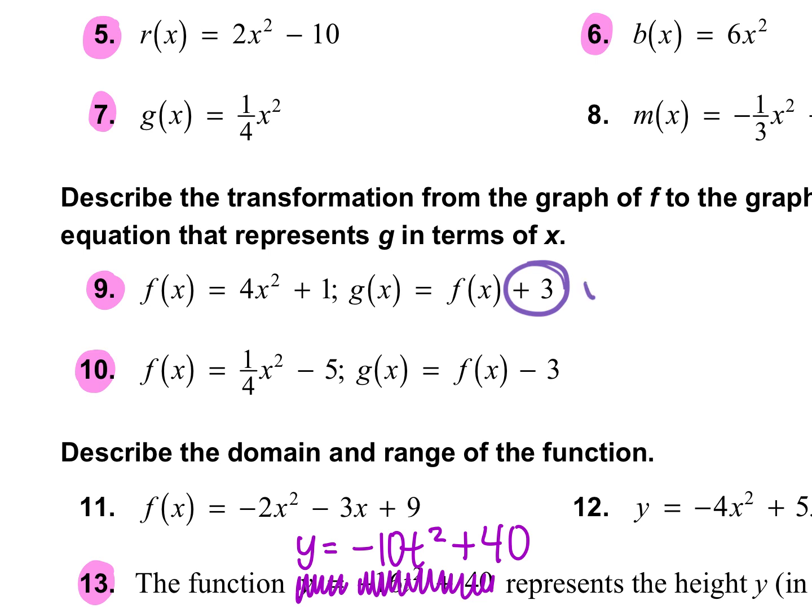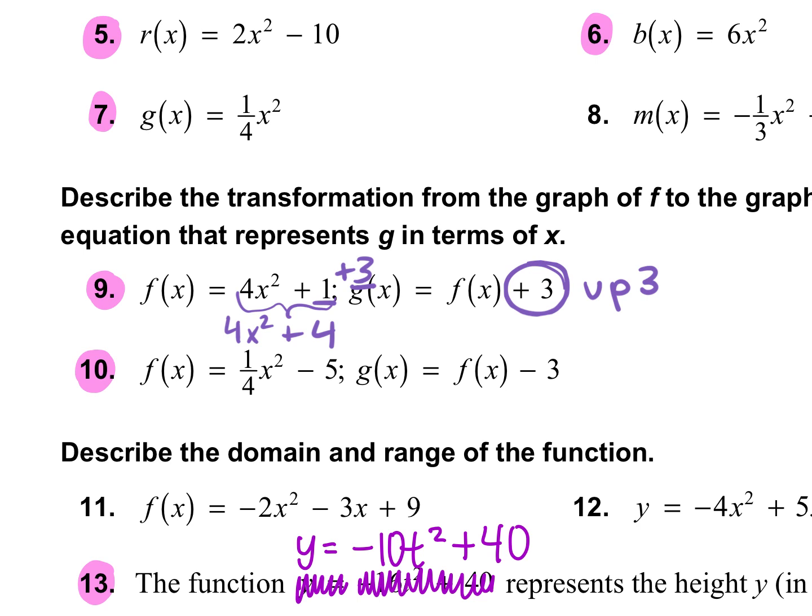Plus 3 means that we're moving it up 3. It just wants us to add 3 to our function f of x, so we're going to say plus 3. We just need to combine our like terms. So this would be 4x squared plus, what's 1 plus 3? 4. So that would be our new graph. We don't have to graph it, we're just adding 3 to it.